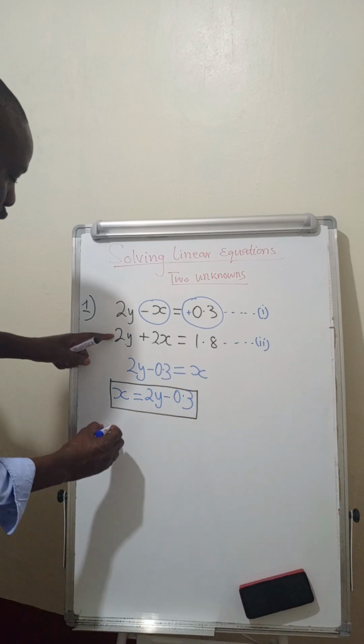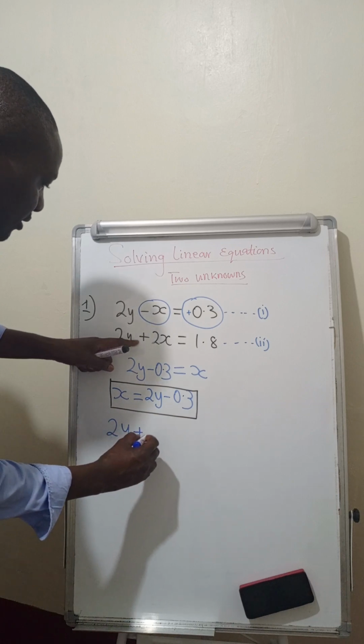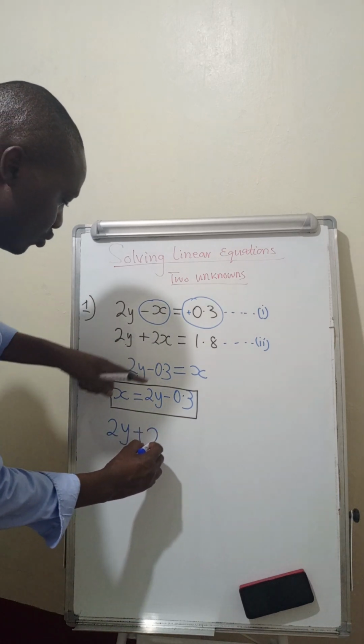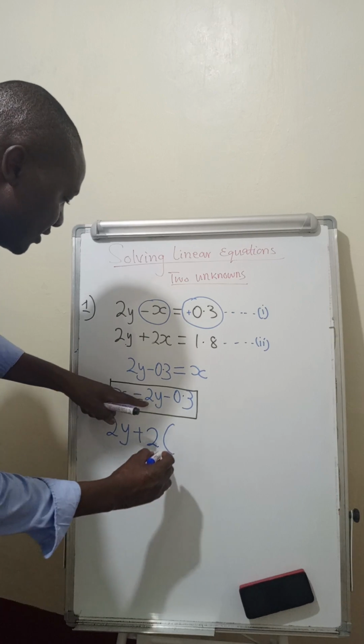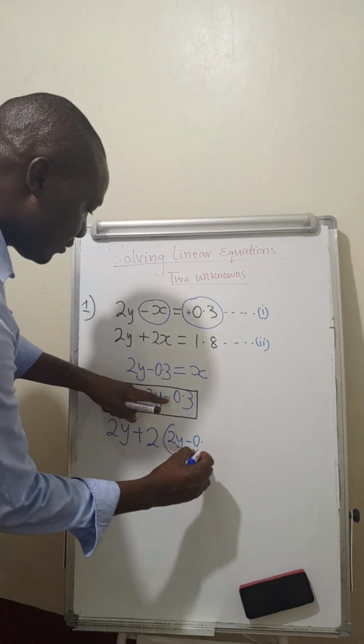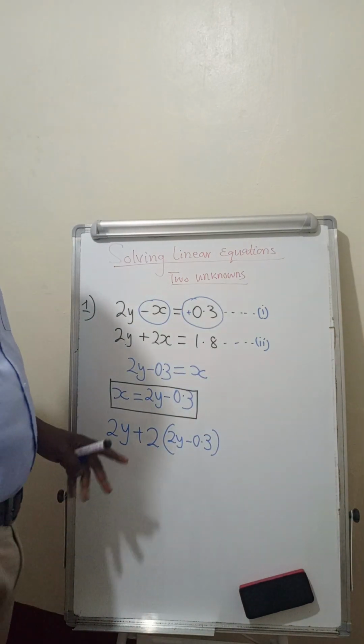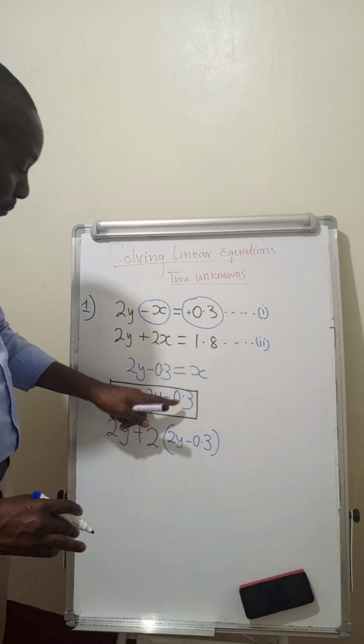Now we have 2y here, 2y plus 2x. What is the value of our x? The value of our x is 2y minus 0.3. Look at that. Very simple. Just follow step by step.